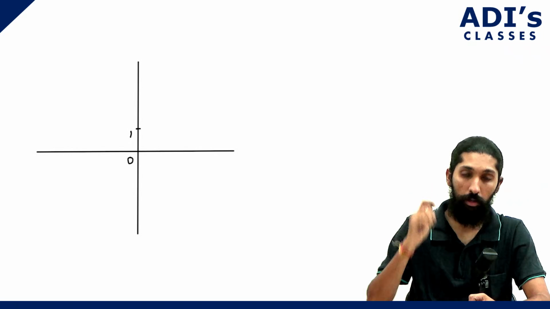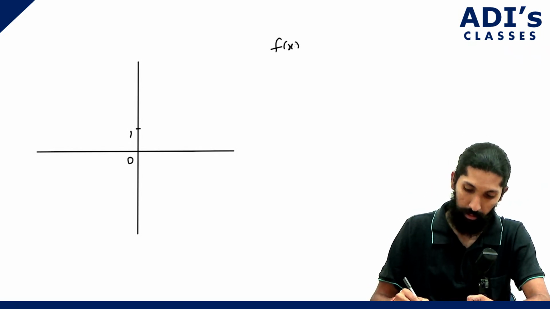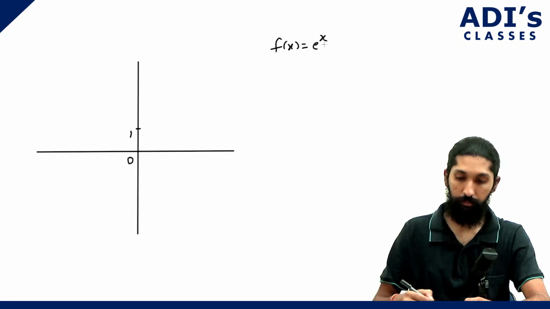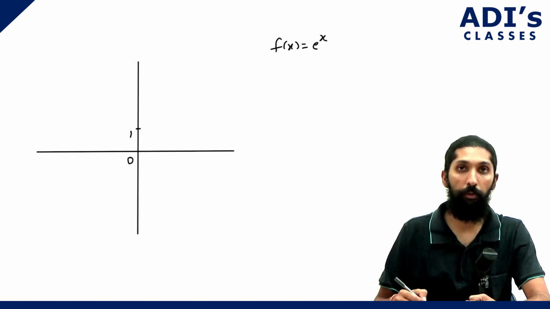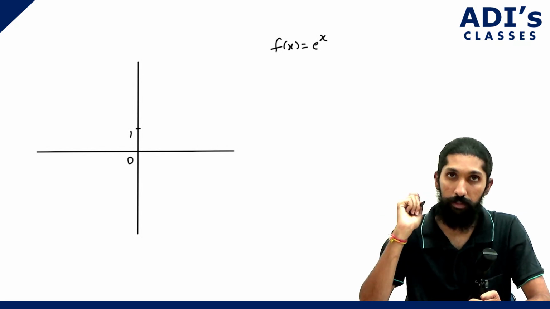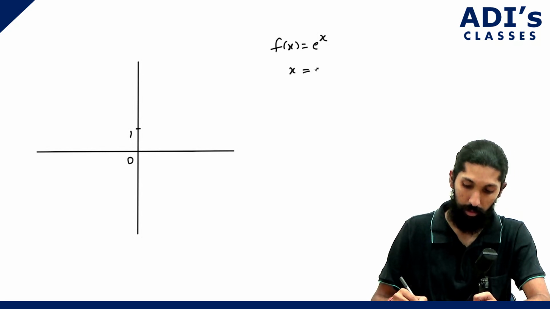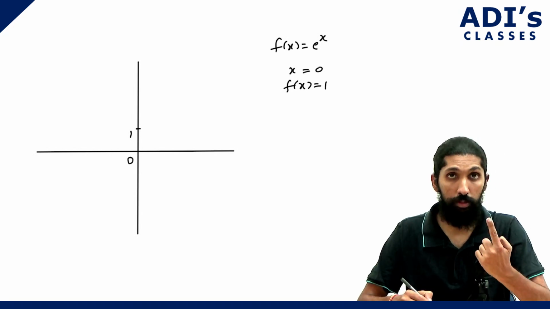Let's talk about the first function, f of x is equal to e to the power of x. When you have e to the power of x, it's an exponential function. Let's start by taking very simple values. Say x is equal to 0, then f of x will be equal to 1 because e to the power of 0 is 1.